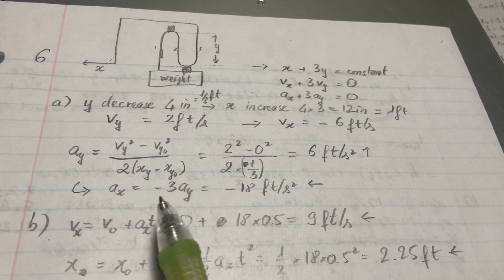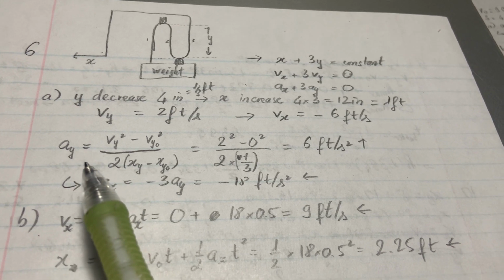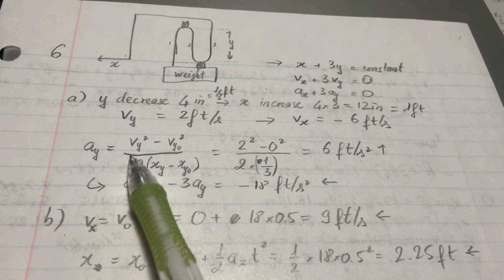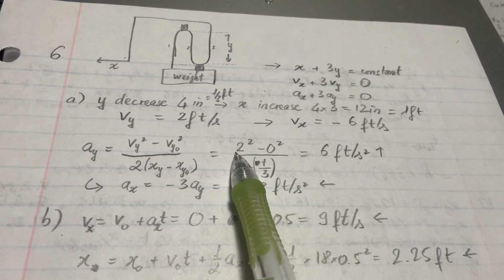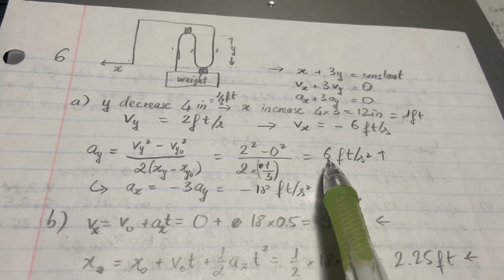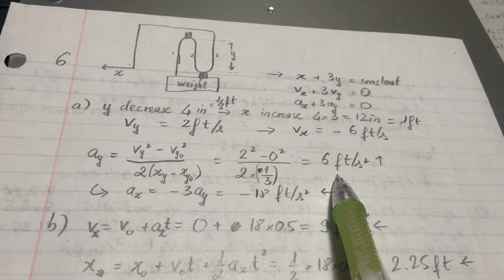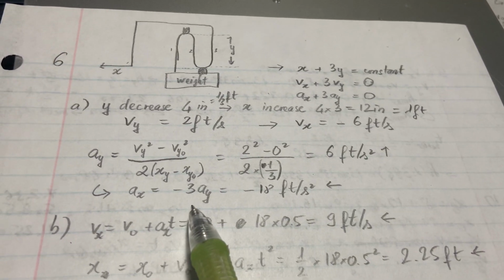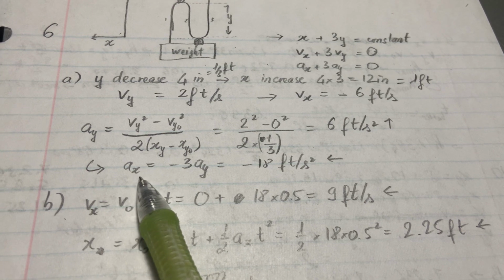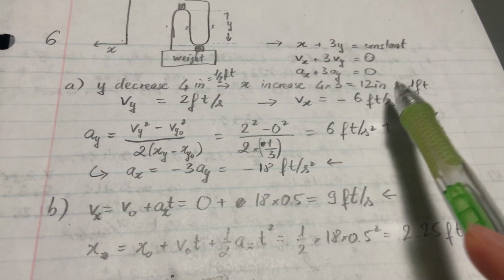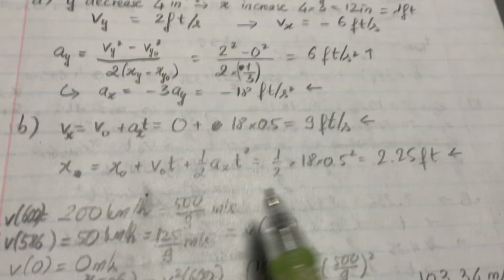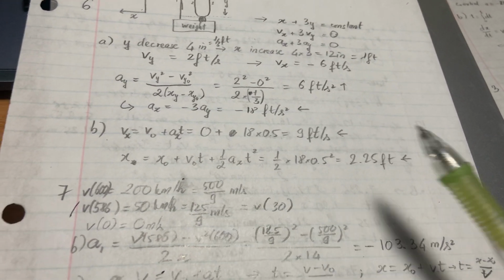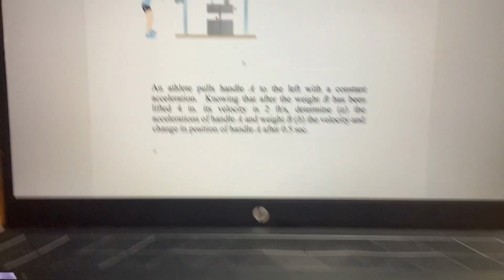And so this one is the formula we know. ay is called this one. To substitute them in, we now have ay equals 6 feet per second squared, and from that we're going to have as from this equation. Same thing.